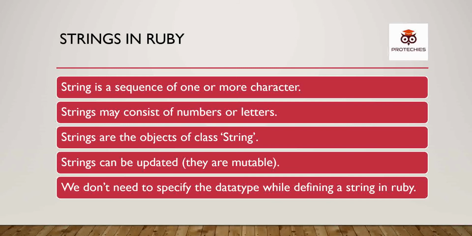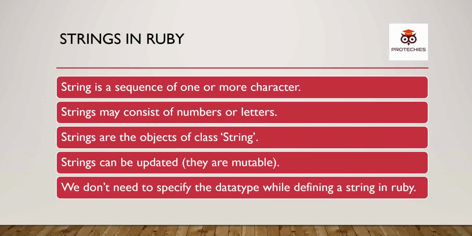They can be updated. If we need two different strings at different points in the program, we don't need to define two different strings. We can just update them accordingly, and we don't need to specify the data type while defining a string in Ruby.